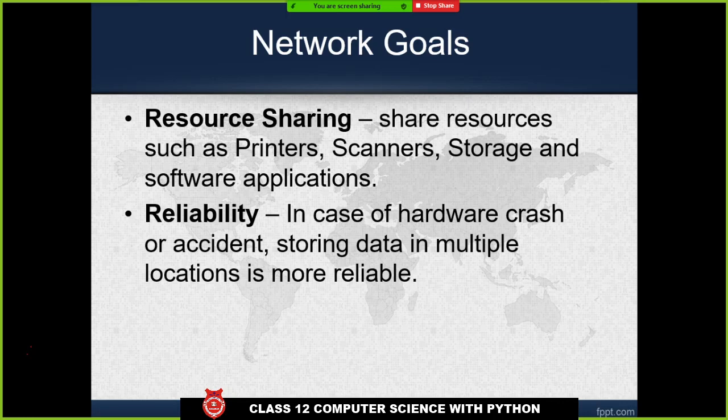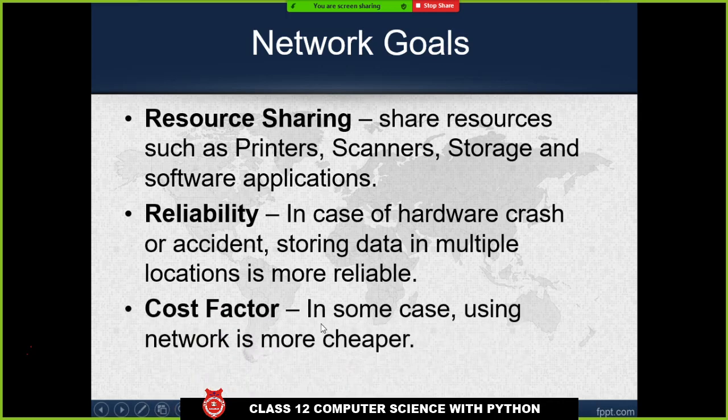So they put a network on their server, and they are storing their files, etc., in many places. Therefore it becomes much more reliable as compared to a single computer or a single system.